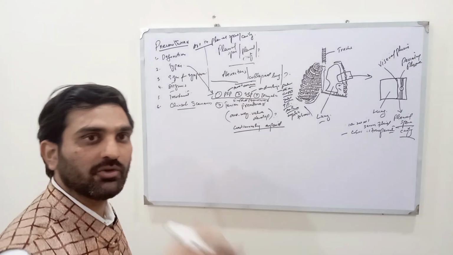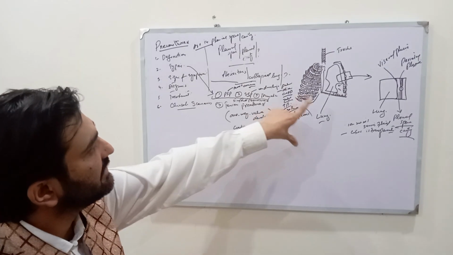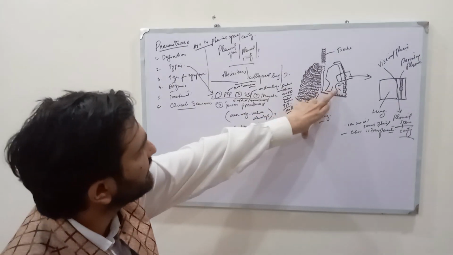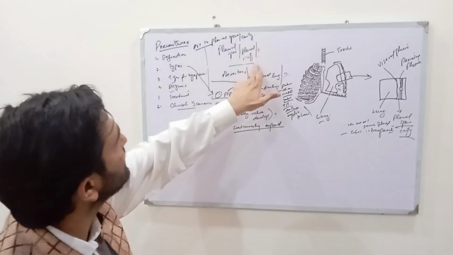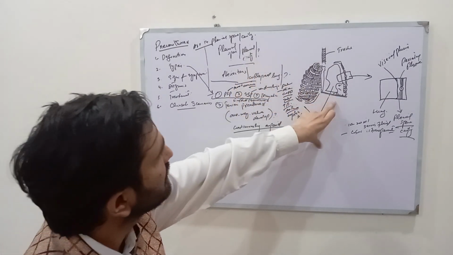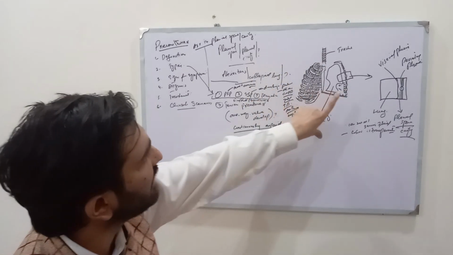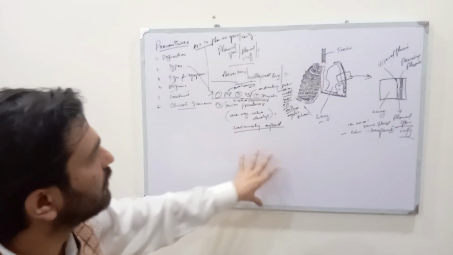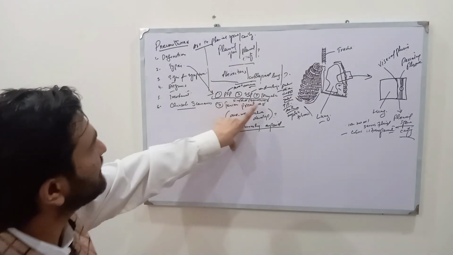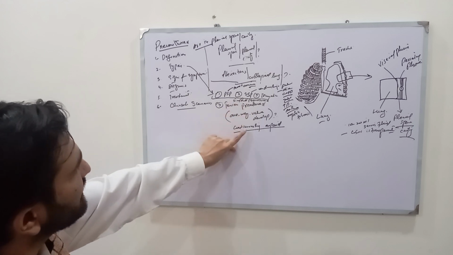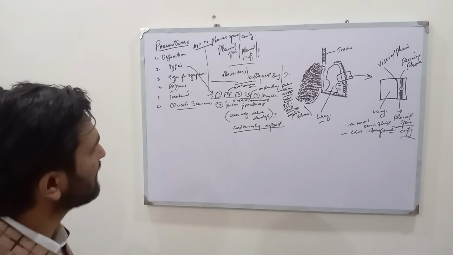So with more and more air, more and more area is involved, and it leads to atelectasis. We have already discussed collapsed lung, atelectasis. So the difference is that tension pneumothorax continuously expands.